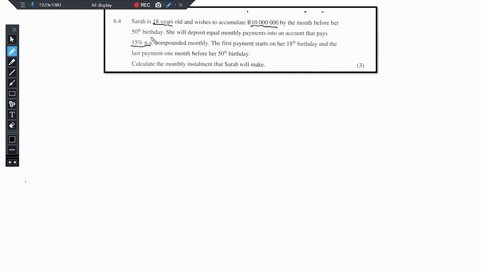So understand this. We are given the interest, 15%. Note that here we are given the future value, and what we are trying to calculate is the monthly installment. So we are trying to find X, right? This is from 18 years all the way until she's 50 years, so we want to understand how many years are in between.